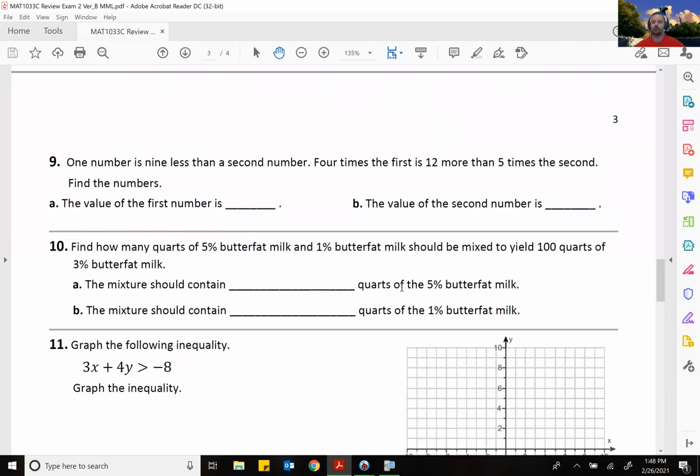Oh, then they're going to be mean to us and they're going to give us a word problem for number 9 and 10. I hate those. But that's okay because we talked about word problems. At least I know I did with my courses, and I'm sure other professors do as well too. So remember that the word problems kind of come at you in one of two forms.